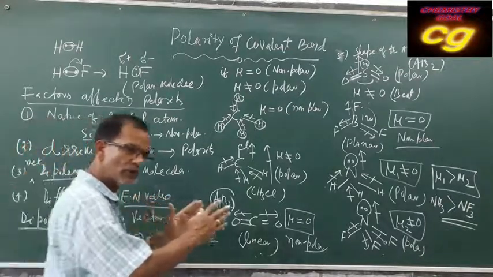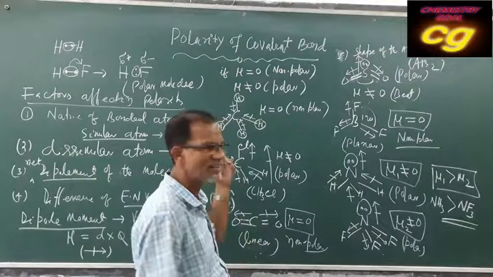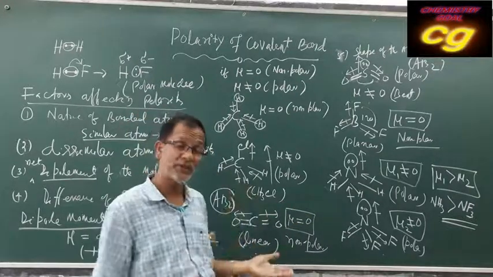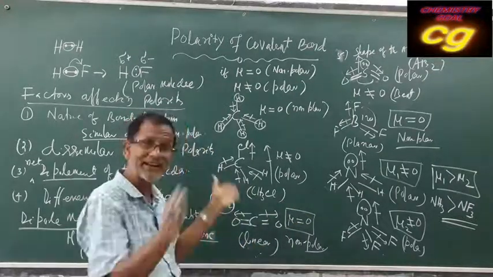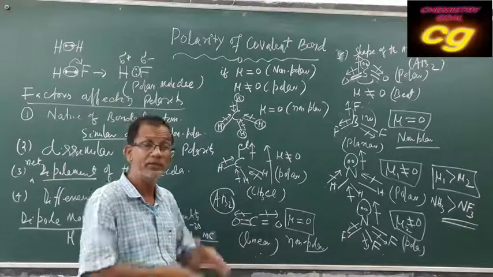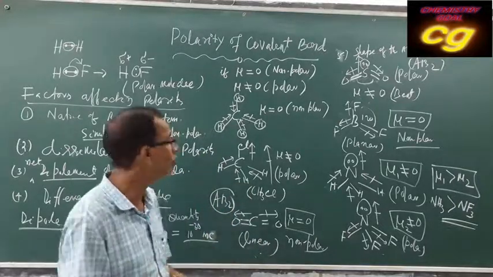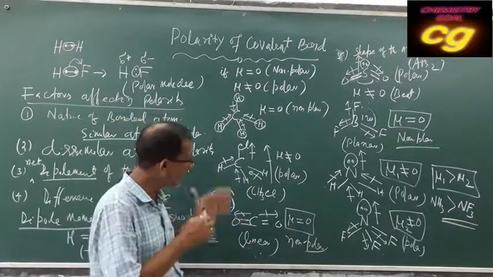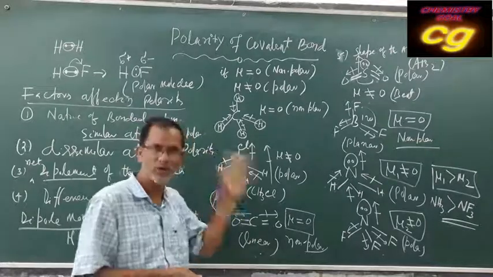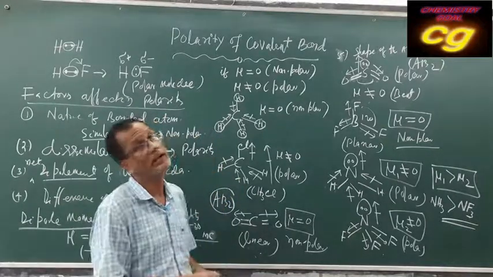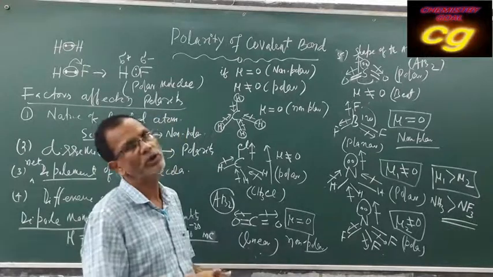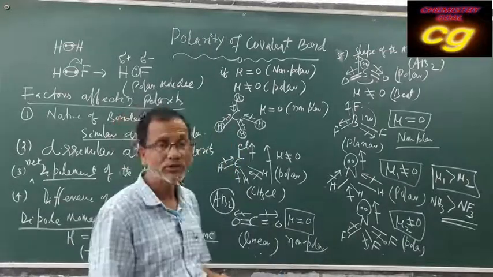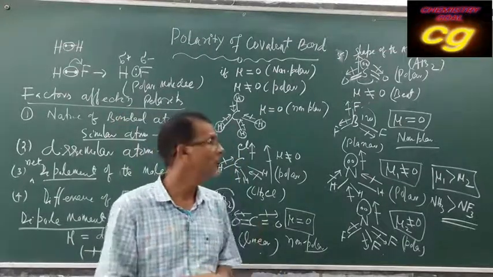When the bonded pair of electrons is shifted towards one atom, partial positive and negative charges are produced on the atoms. These produce a resultant net partial charge in the molecule. If it is not equal to 0, then the molecule will be polar. The molecule may have some polarity in the bonds, but if the resultant dipole moment is not equal to 0, the molecule will be polar. Okay, this is regarding the polarity of covalent bonds and the nature of covalent compounds.